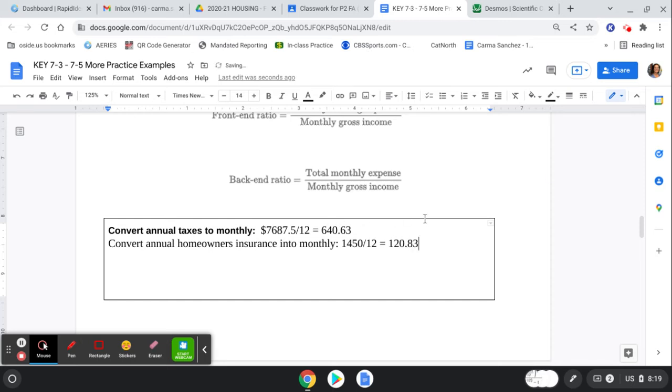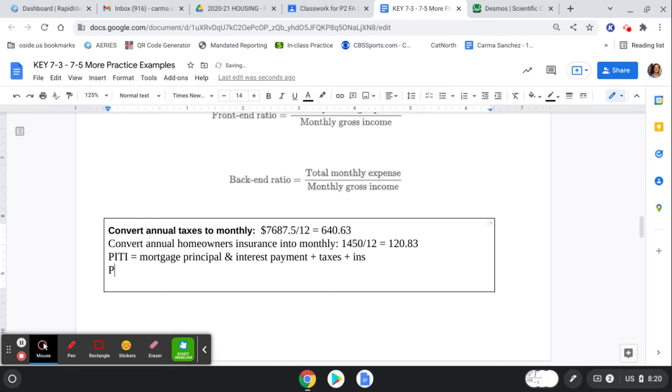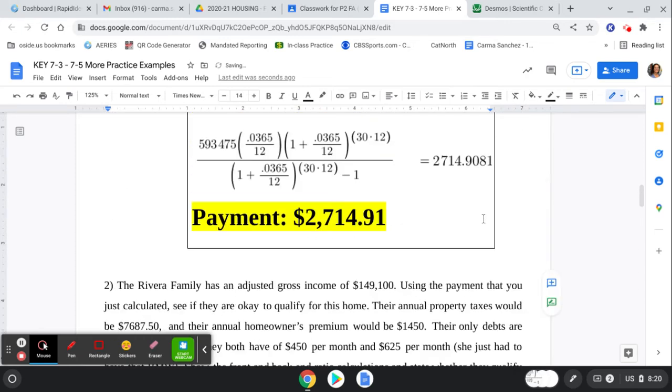Why did I need these monthly taxes and insurance? Because the PITI is a combination of the mortgage, principal, and interest payment. That's what we just calculated using the monthly payment formula, plus the tax monthly, plus the insurance monthly. So let's add this all up. So $27.14, was it 91 cents? Let's go look.